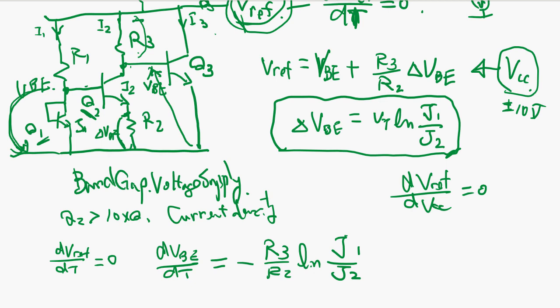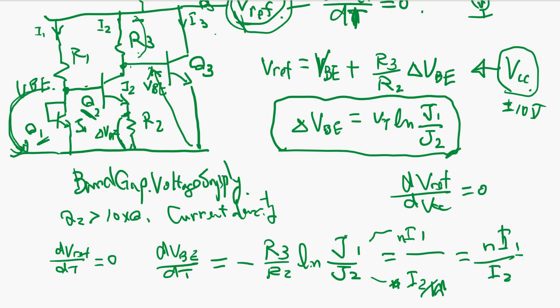So J1 is proportional to, say, this is a unit, and this is n times larger. So it's going to be the ratio of I1 over I2 divided by n. We can put the n here, so it's going to be n I1 over I2.